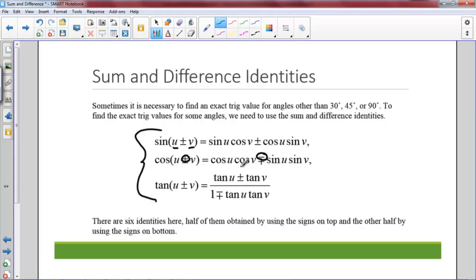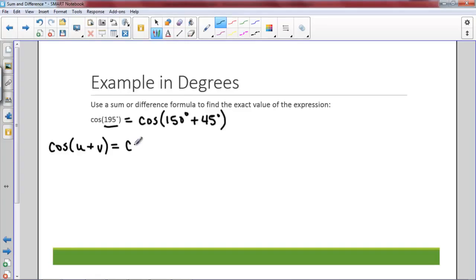So I'm going to have cosine u cosine v minus sine u sine v. So we're going to need to look on our unit circle and find the values for each one of these.